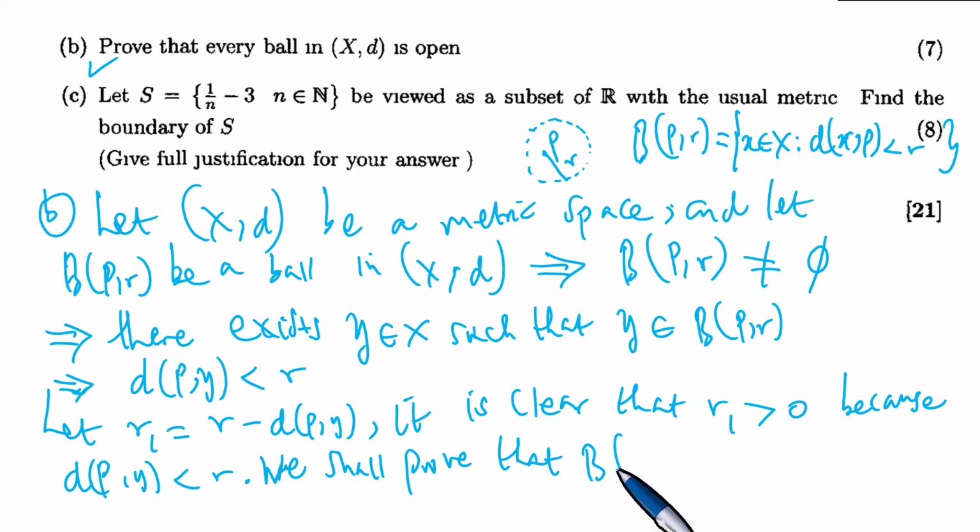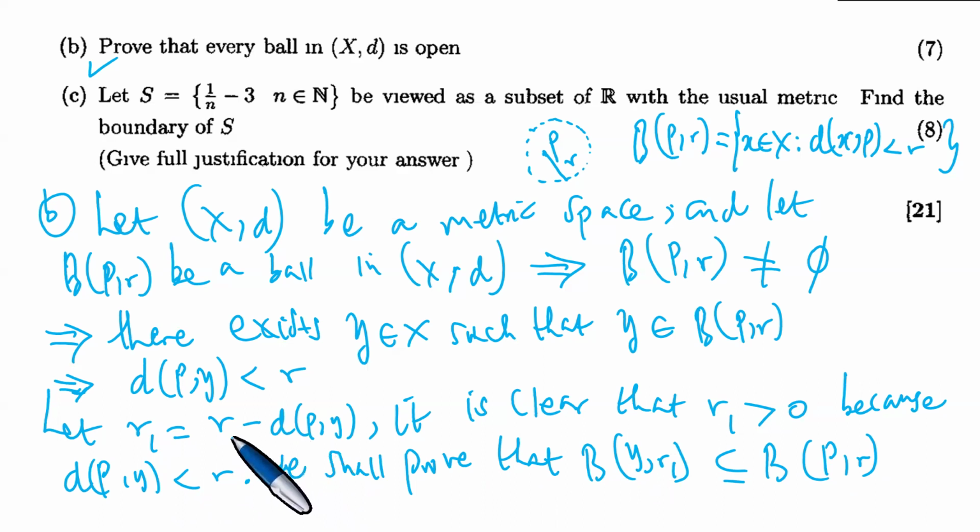the open ball of center y and radius R1 is actually an open ball that stays inside the open ball with center P and radius r. We are making the argument that there are two balls here. The ball that has radius R1 has a smaller radius because it's formed by r minus d, so it is a smaller radius.